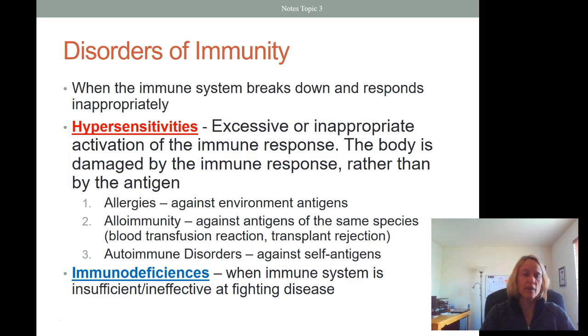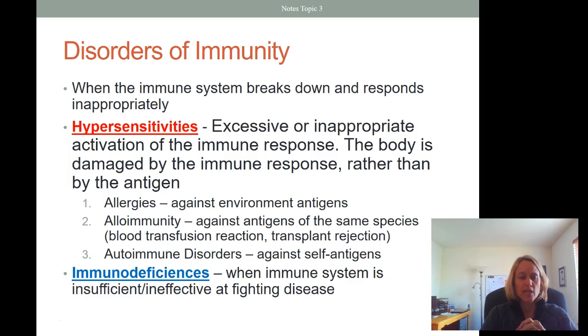Okay, and these are both disorders of immunity. So we have two ends of the spectrum. We have hypersensitivity, where we have excessive or inappropriate activation of the immune response. And here, this is when we have a reaction against an antigen that would otherwise be harmless, and this causes damage to the body.